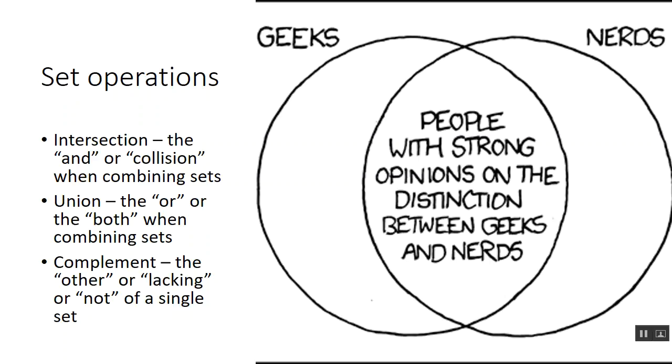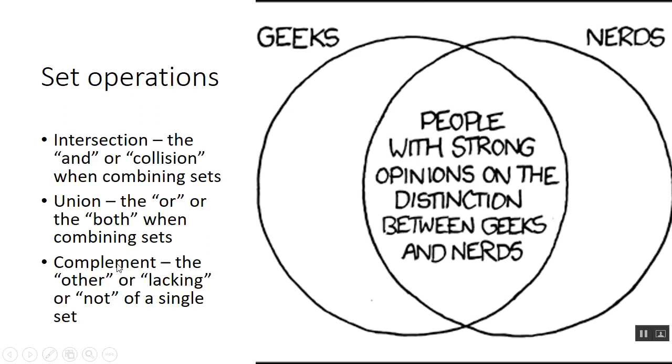But that's one way to think about intersection, it's the and or the collision. The union, another way to say that is the or, when combining sets, would be geeks or nerds in an inclusive sense, or both geeks and nerds.